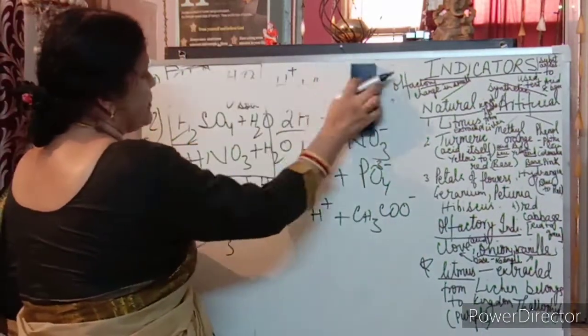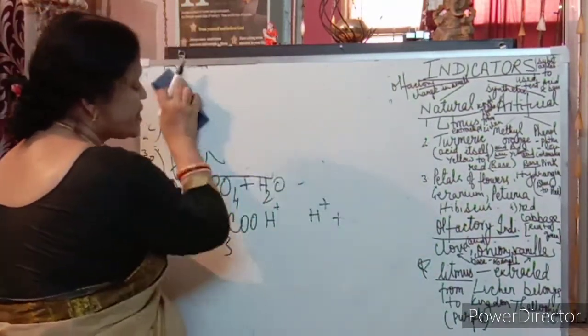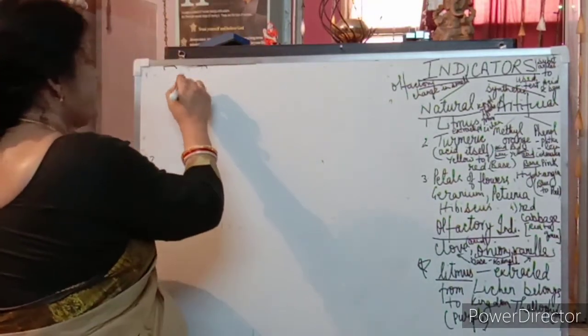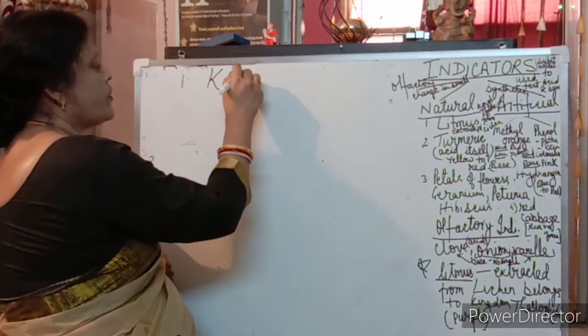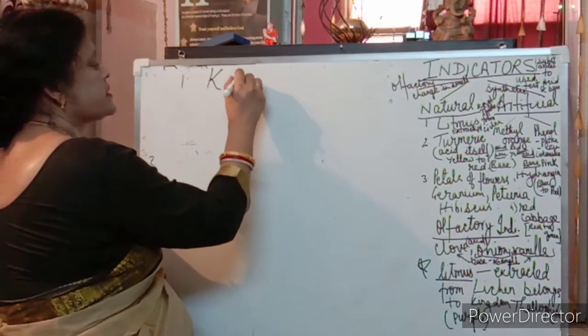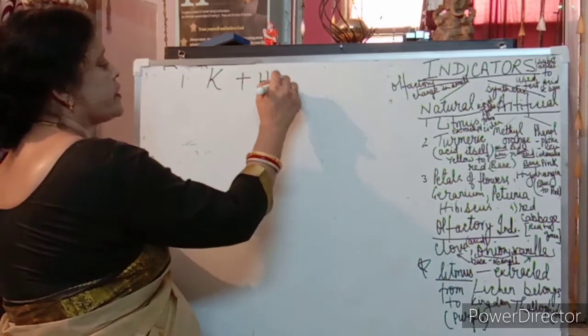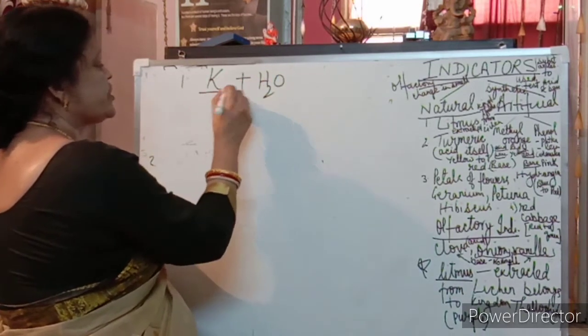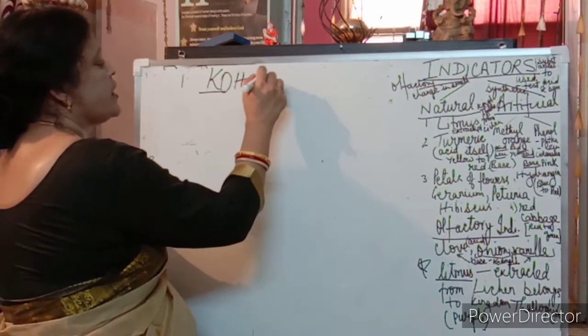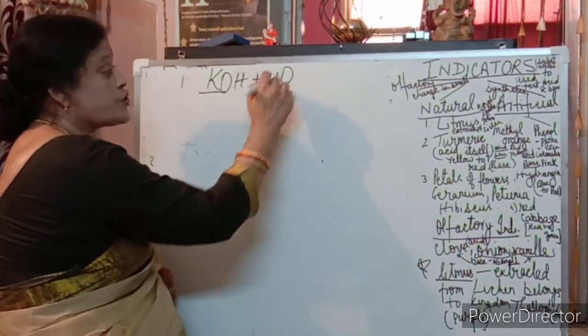Bases, when we are talking about them, release OH negative ions. Now suppose I say first KOH plus water. We have to make a potassium solution. We are making an aqueous solution of base.